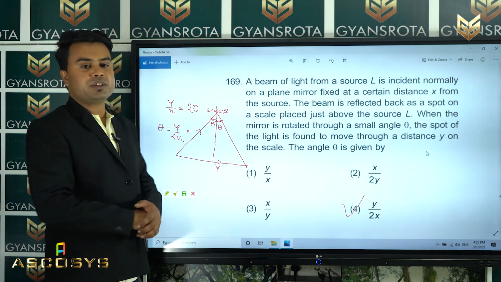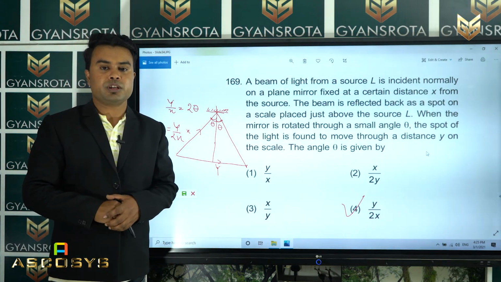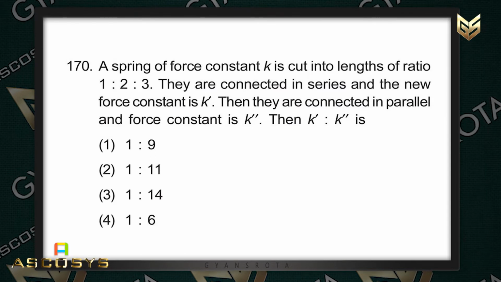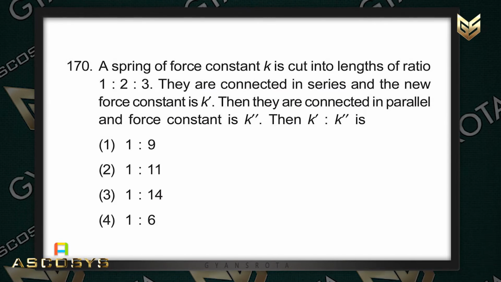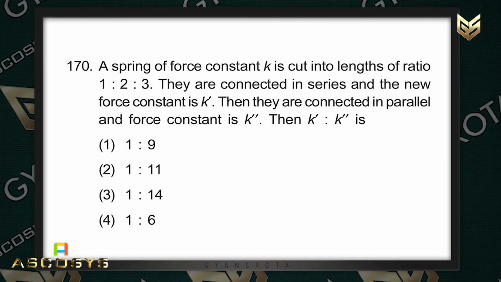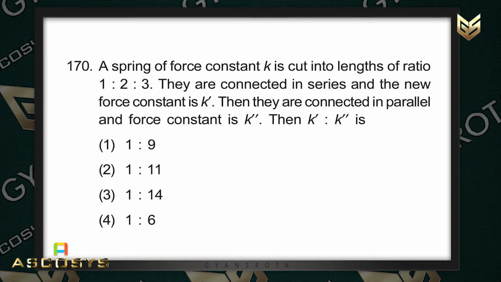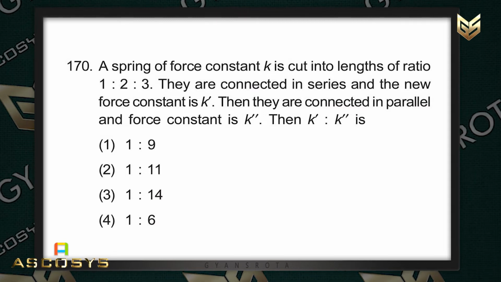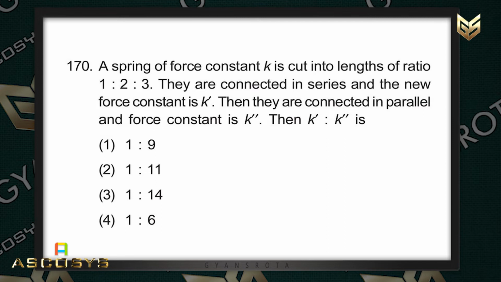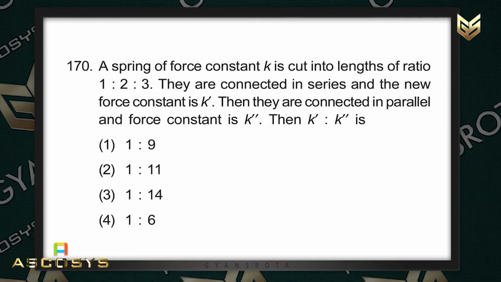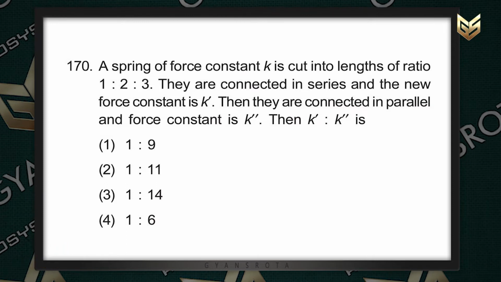Now let us move to the next question, that is question number 170. A spring of force constant k is cut into lengths of ratio 1:2:3. They are connected in series and the new force constant is k dash. Then they are connected in parallel and the force constant is k double dash. Then the ratio of k dash to k double dash is?